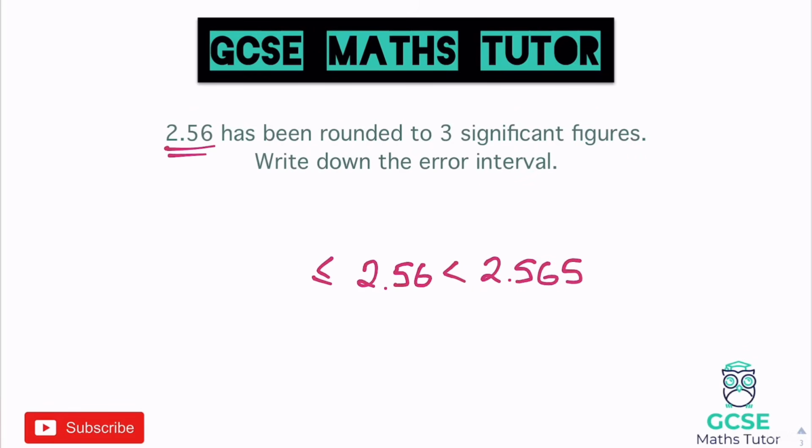And then for a lower bound, that 6 there is going to drop down to a 5. And again, just stick a 5 on the end. So 2.55, and then again stick a 5 on the end, so 2.555. There we go. So there's your little trick for doing upper and lower bounds as an error interval. Stick a 5 on the end for the upper bound, and then drop that last number down, and again just stick a 5 on the end for the lower bound.